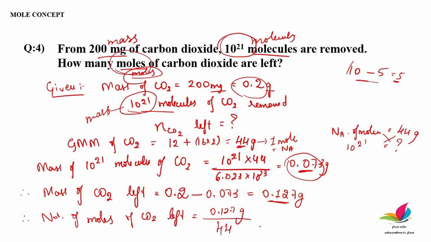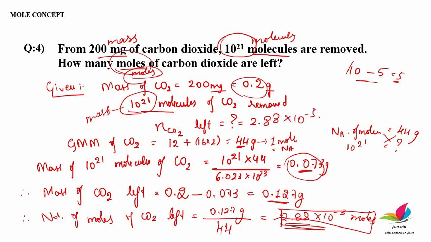Gram molecular mass, that is 44. So which will be equal to 2.88 into 10 to the power minus 3 moles. Okay, so this is our final answer. Moles of carbon dioxide left will be equal to 2.88 into 10 to the power minus 3 moles.